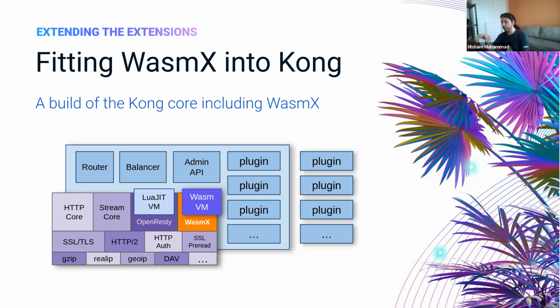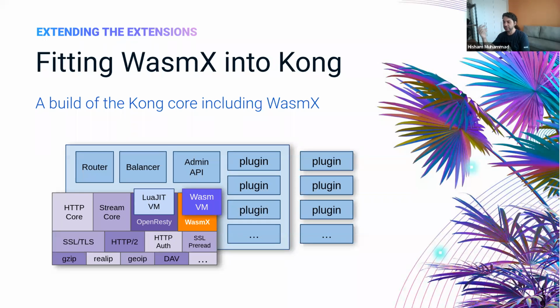But at this point, when we look at this picture, that orange module there with WasmX and the Wasm VM, which is the bright purple one running inside it, is not really connected with all of those other parts that make the gateway.